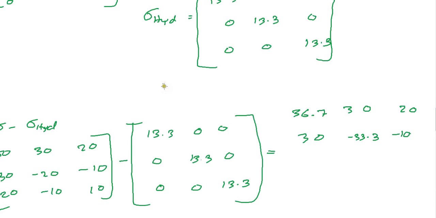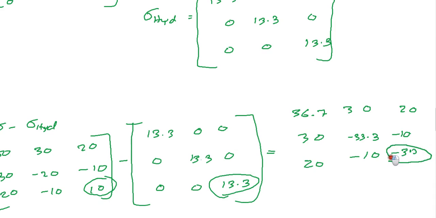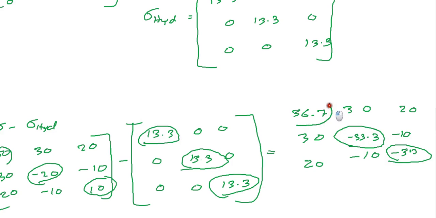If we subtract 10 minus 13.3, the remaining part is minus 3.3. If we subtract minus 20 minus 13.3, it leaves us minus 33.3. Then 50 minus 13.3 leaves us 36.7. So this is the deviatoric stress at this point.